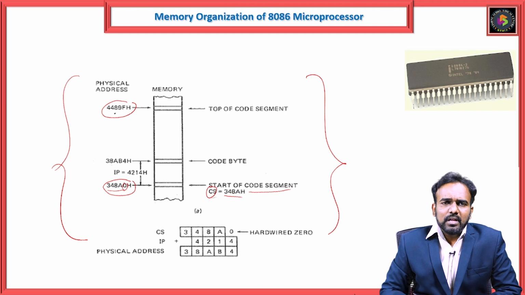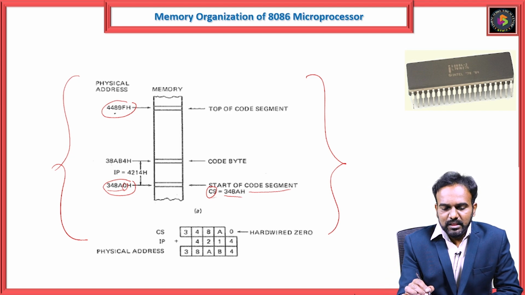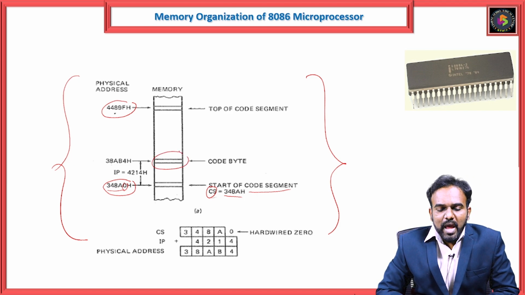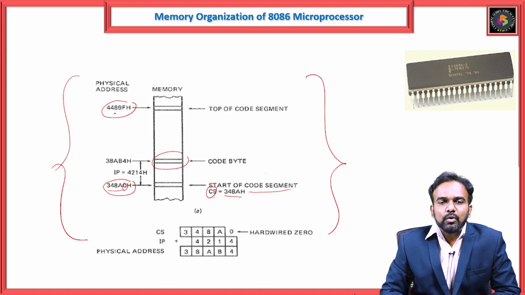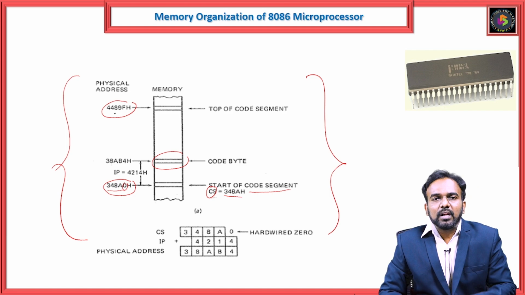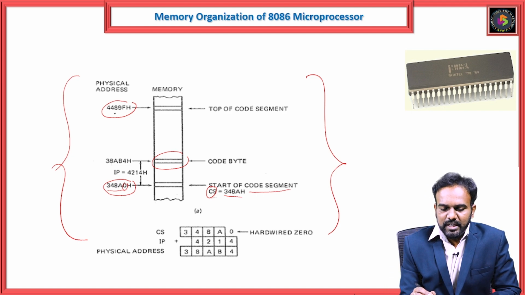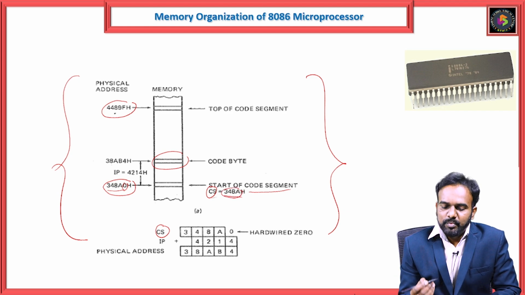In this particular slide, we are going to access the data from this particular memory location. To access the data from this memory location, we are going to use the 20-bit address calculation. First, the CS stores the 16-bit starting address or base address.